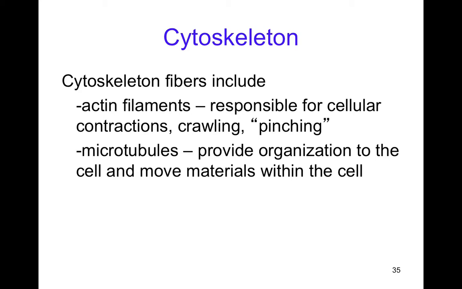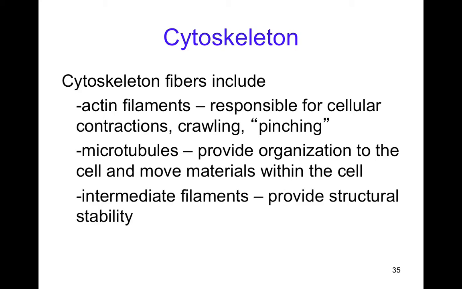Microtubules provide organization to the cell and move materials within the cell. For example, when we talk about cell division, those spindle fibers that reach out and separate the chromosomes are microtubules. We'll talk more about that later. And then intermediate filaments basically provide structural stability, making sure the cell stays in the shape it needs to be in.